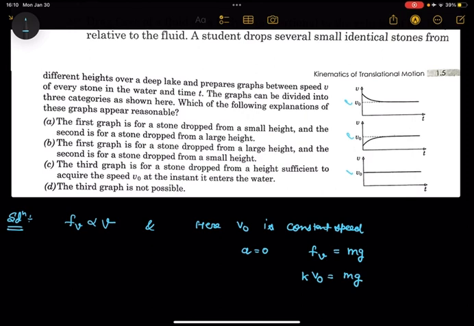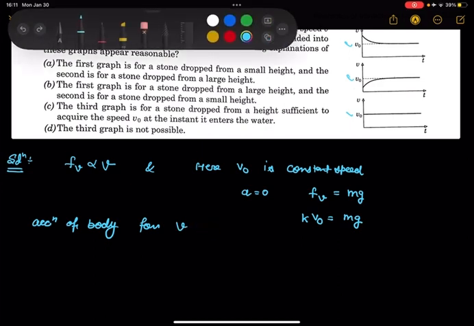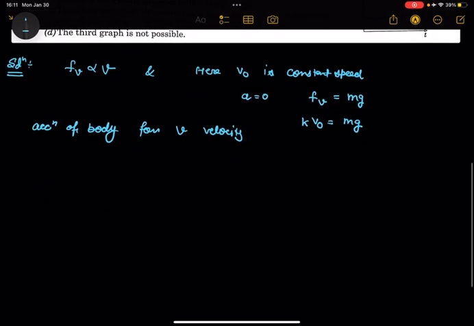Very nice. Now let's write the acceleration at any instant, for any velocity except v naught. Just look carefully.